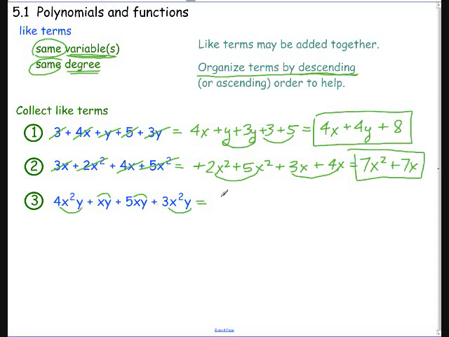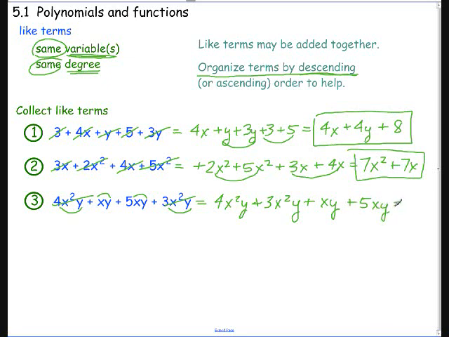So let me put the ones that have x to the second first. 4x to the second times y, that takes care of that one, plus 3x to the second times y, takes care of that one, plus xy plus 5xy.